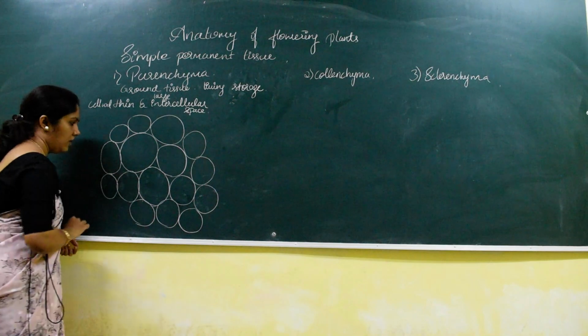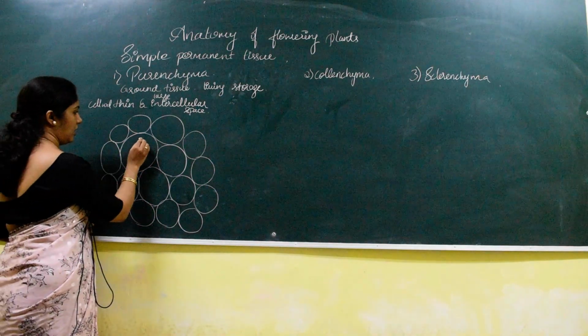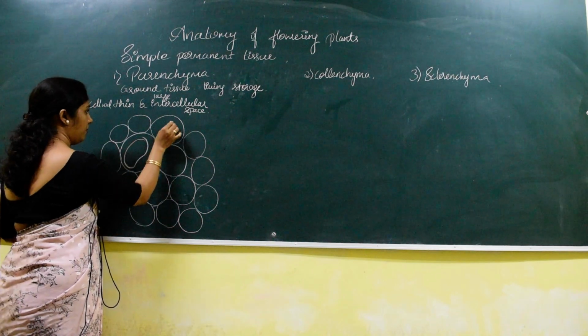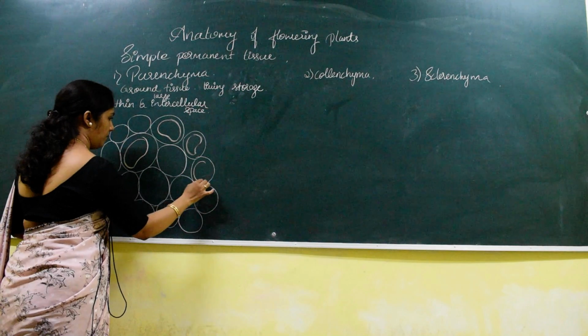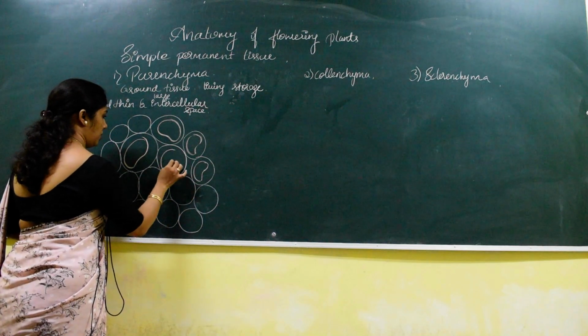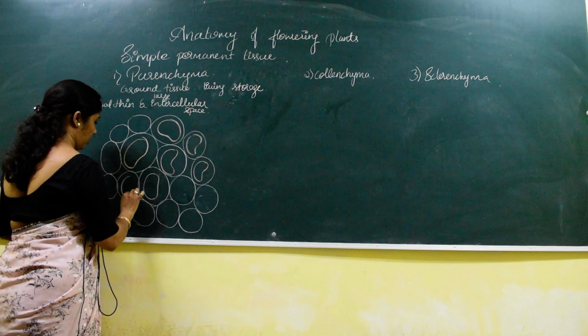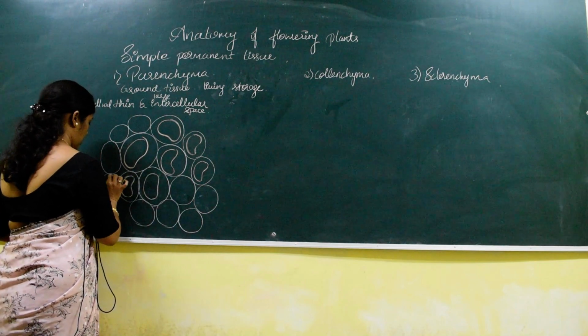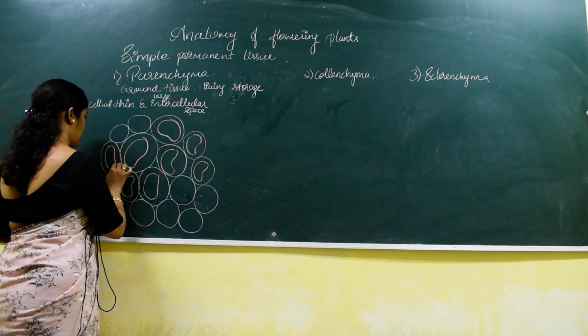Let us consider this as a parenchyma tissue. Inside the parenchyma tissue we can see a large vacuole. Vacuole is one of the characteristic features of plant tissues. Inside the vacuole we can see a fluid substance which contains both useful as well as waste material.